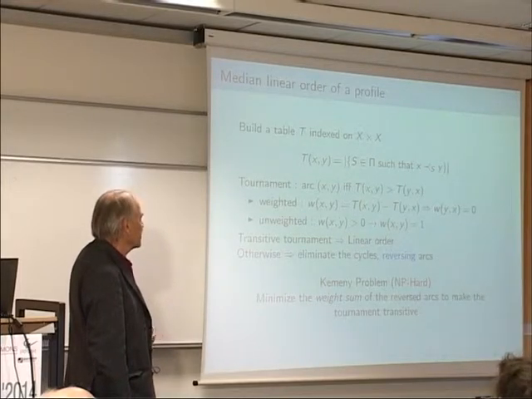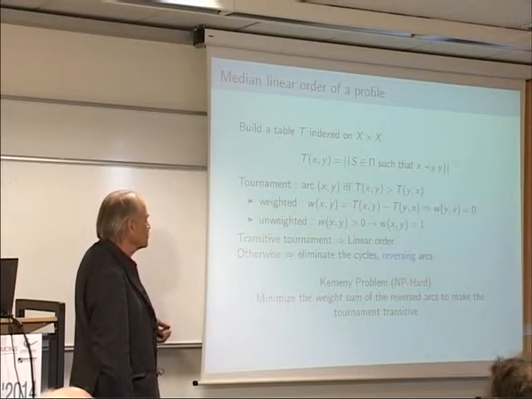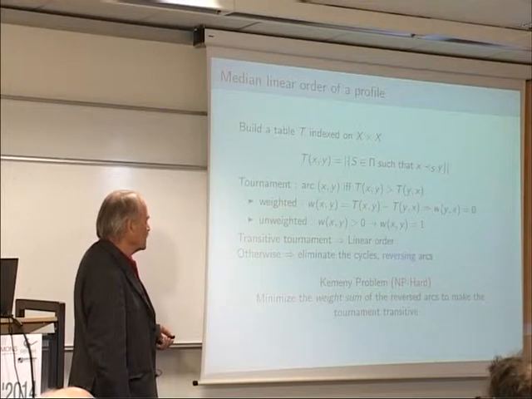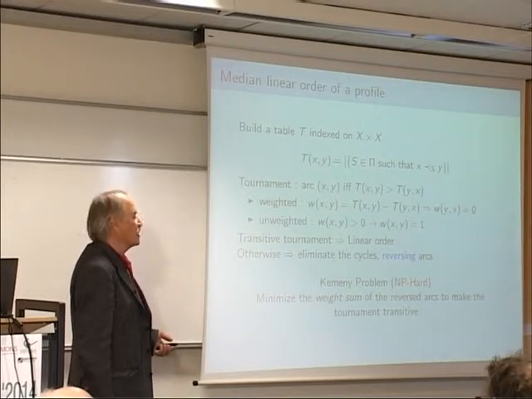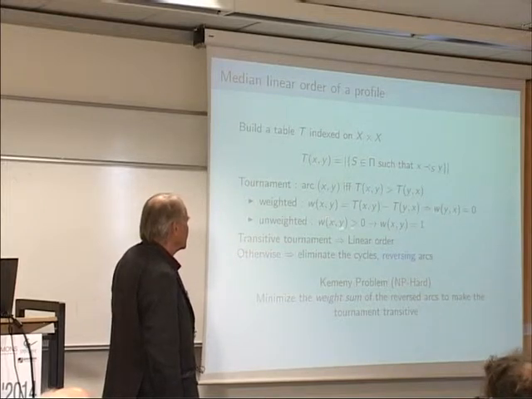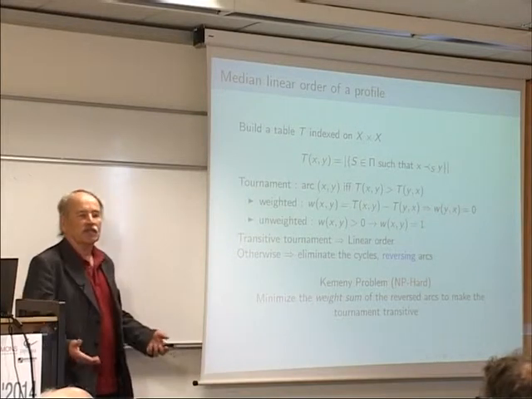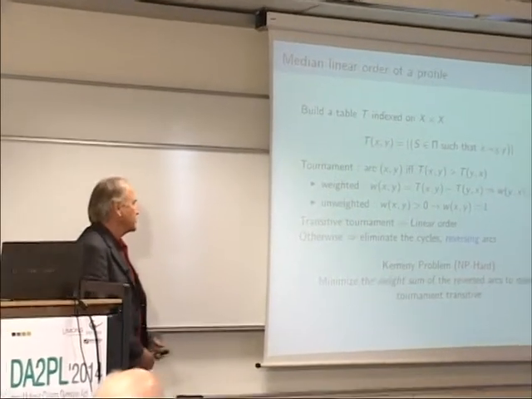And this tournament can be weighted with the difference of the two values, and in that case the complementary value is equal to 0, or it can be unweighted. And in that case, if the value for xy is positive, then you transform it into the number 1. So the tournament is not weighted.